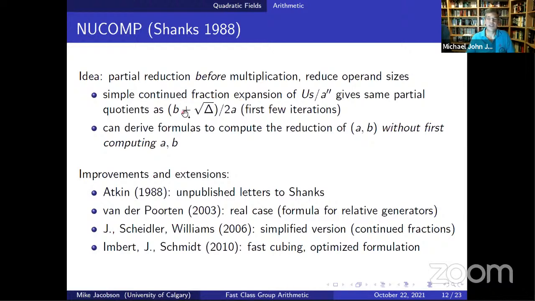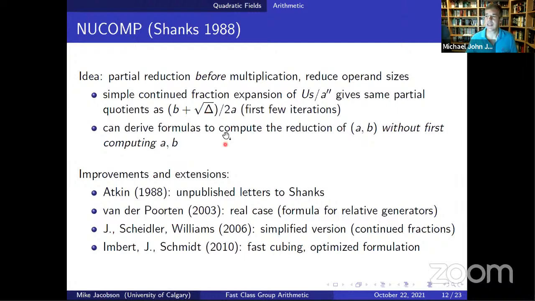Well, the observation is that you can get a really good rational approximation of this with intermediate values in the multiplication algorithm. So that quantity capital U, the GCDs, and one of the, that should be A2, sorry. One of the coefficients of the input ideals, this rational number here is a really close approximation to this one. And in fact, the continued fraction partial quotients agree for quite a while.